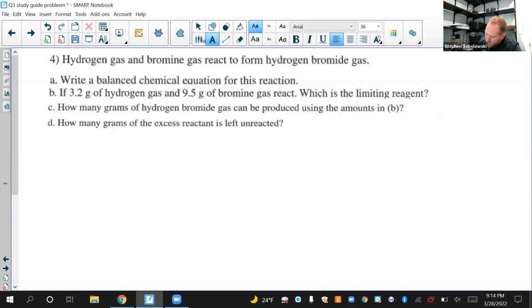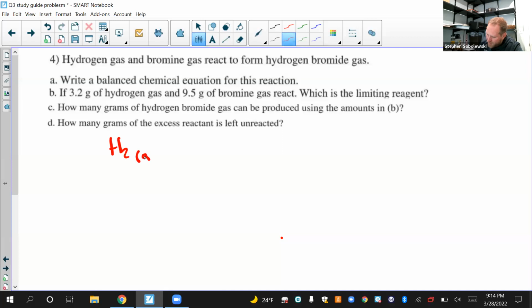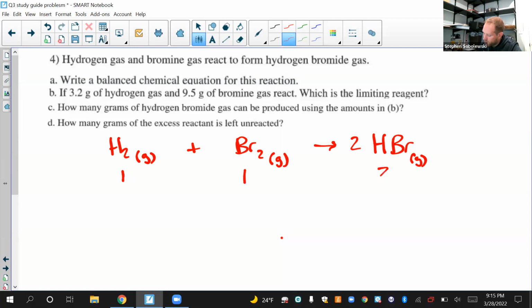So I'm going to start with my balanced equation. Hydrogen gas is H2 gas, plus bromine is Br2 gas. These are both diatomics, and they're going to form hydrogen bromide, which is HBr, because it's +1 and -1, and that's a gas as well. For balancing, we need a 2 there, which gives us a 1 to 1 to 2 mole ratio. Okay, BCA table. B stands for before, C stands for change, A stands for after.